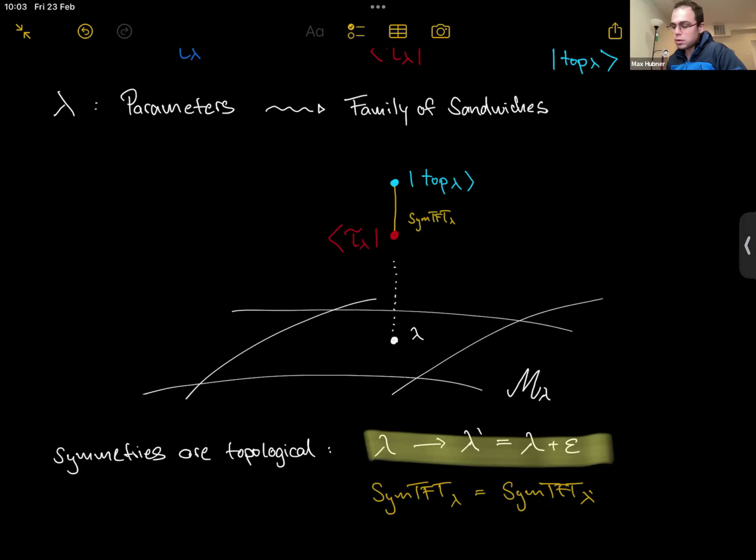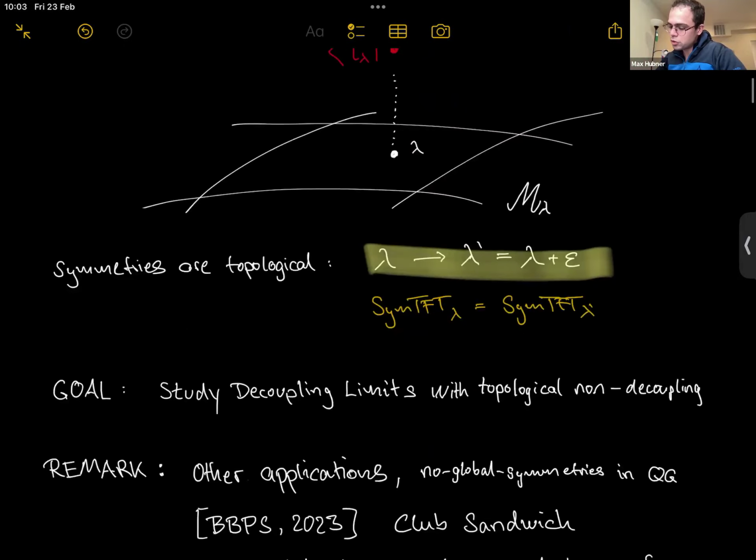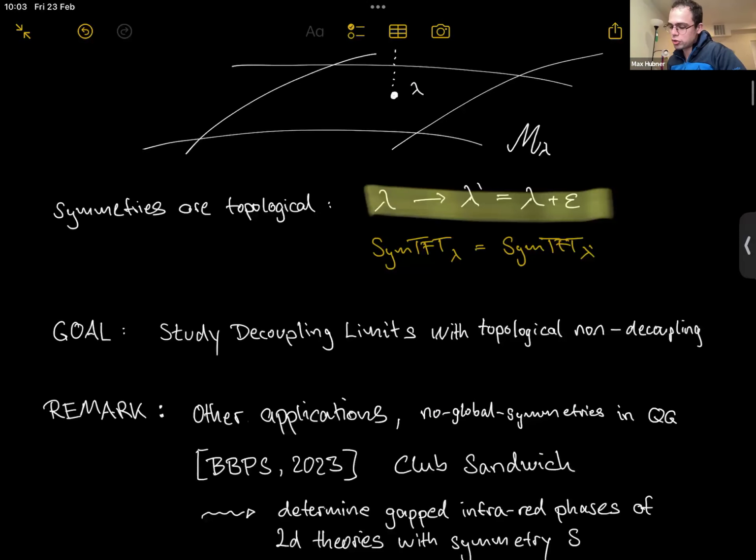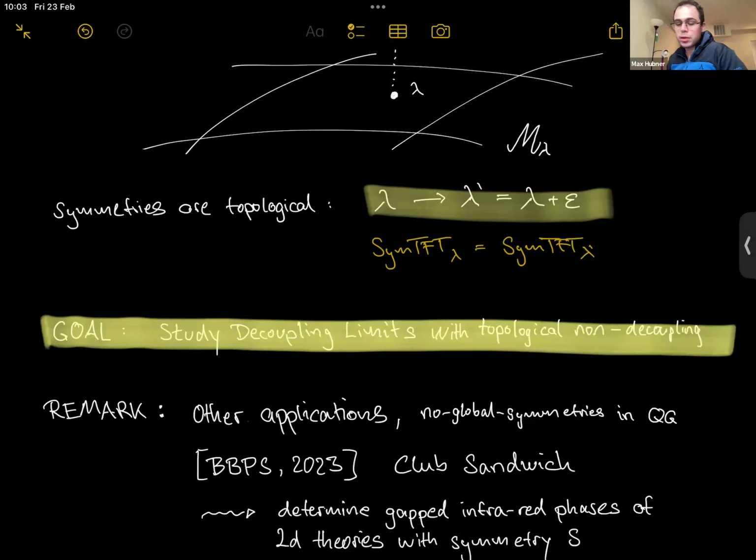However, they can still topologically interact, and the job of the SymTree will be to precisely capture these topological non-decoupling. So the goal of the talk is to study decoupling limits with topological non-decoupling.